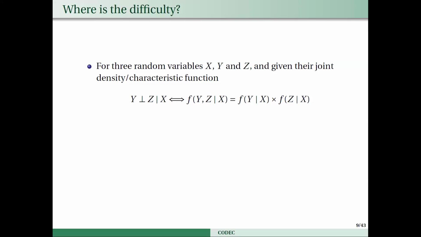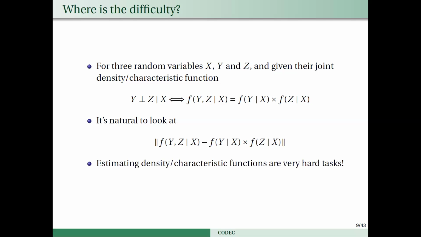Now, a very natural idea is to look at the difference of these two functions, f of y and z conditional on x minus the decomposition. If this difference is 0, they are completely independent conditionally. The farther the distance, the farther they are from being conditionally independent. The problem here is that, of course, in reality, we don't have access to this characteristic function or density function, and estimating it is not easy, especially if we go to higher dimensions. So what do we do then?